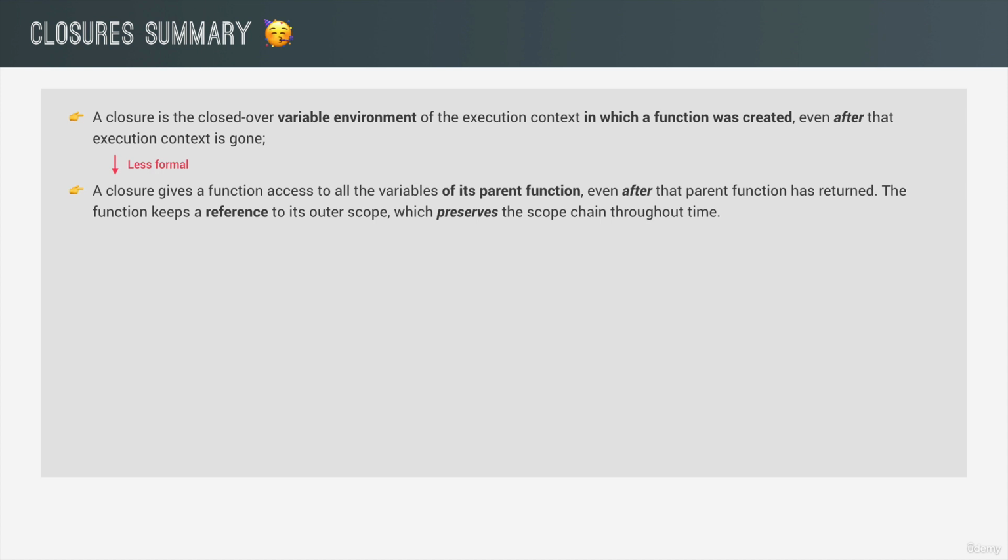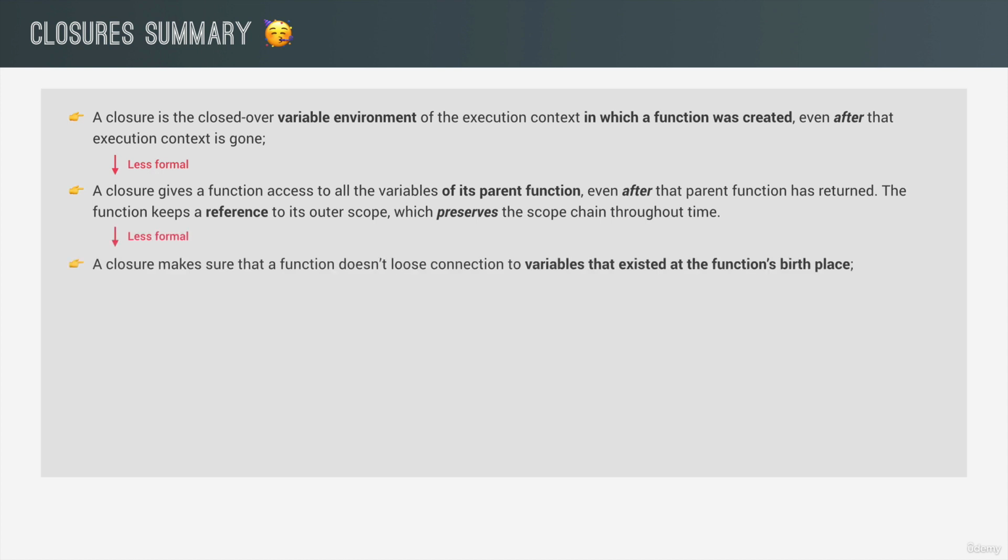Alright, another definition, or let's say analogy, is that a closure makes sure that a function does never lose connection to the variables that existed at the function's birthplace. It remembers the variables even after the birthplace is gone.